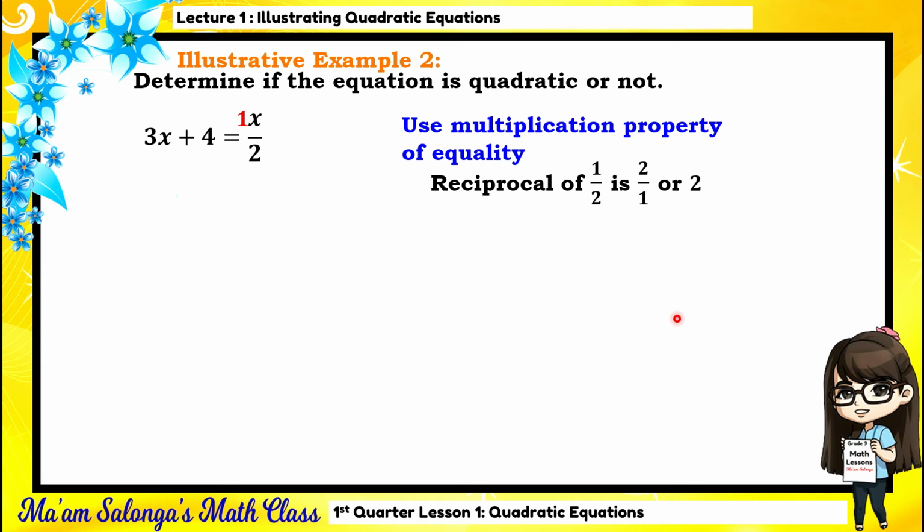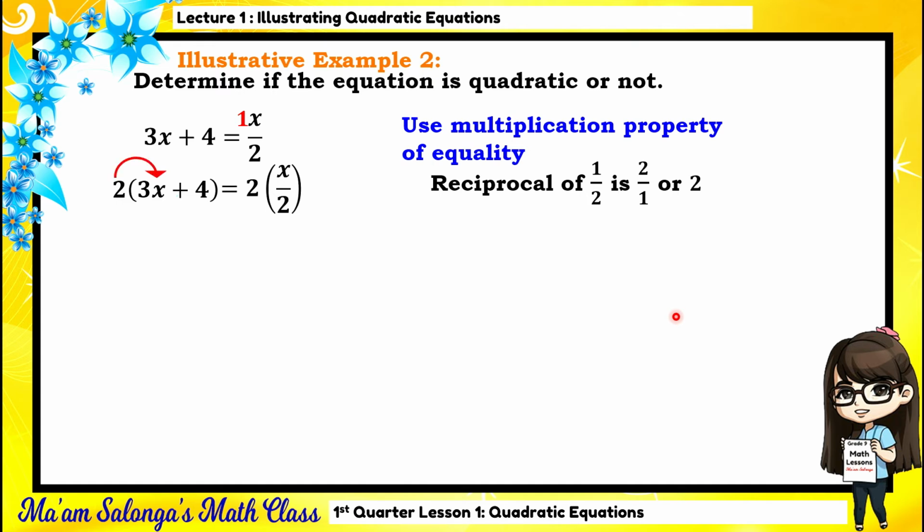Then, multiply the reciprocal 2 by x over 2. Then, don't forget the rules in solving equations. We also need to multiply 2 by 3x plus 4. Then, let's simplify the left side of the equation using distributive property.